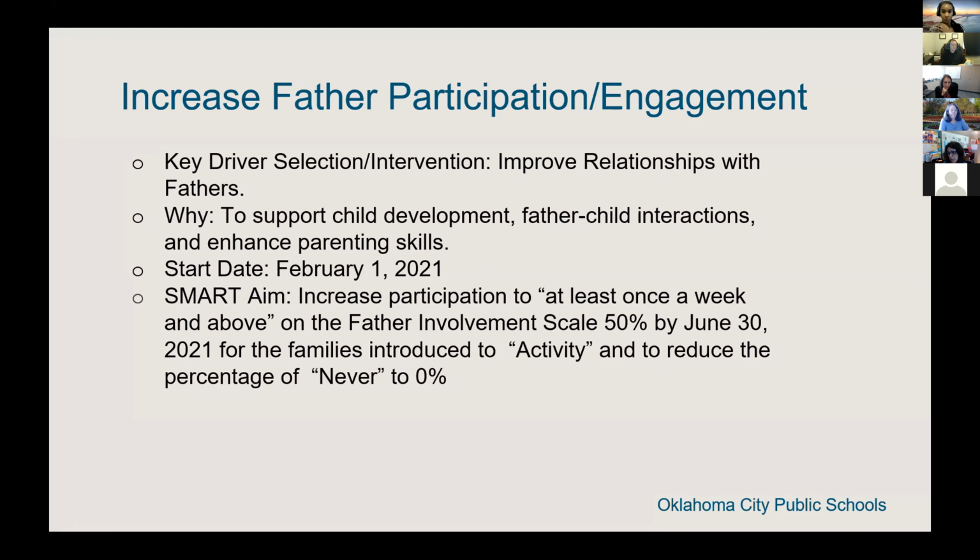Our SMART aim was to increase participation, at least once a week and above, on the father involvement scale to 50% by June 30th, and for the families that were introduced to the activities, to reduce the percentage of never to 0%.